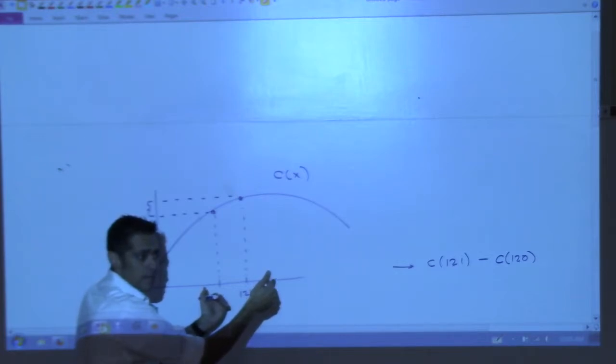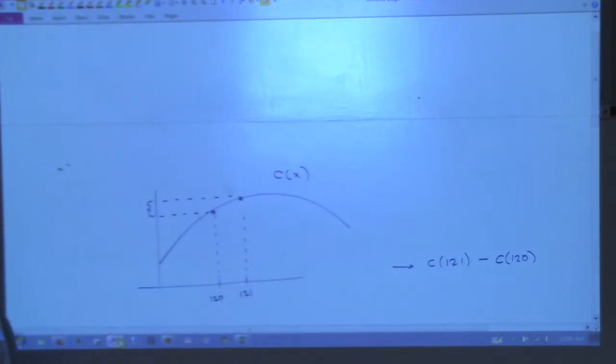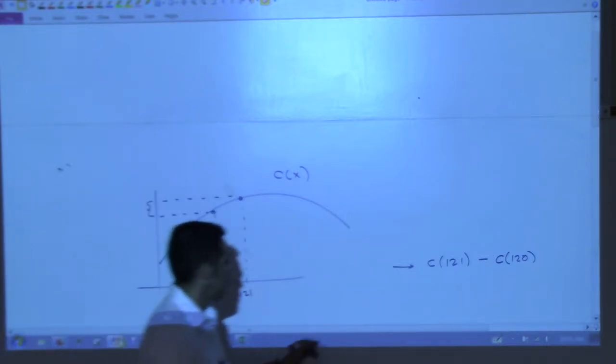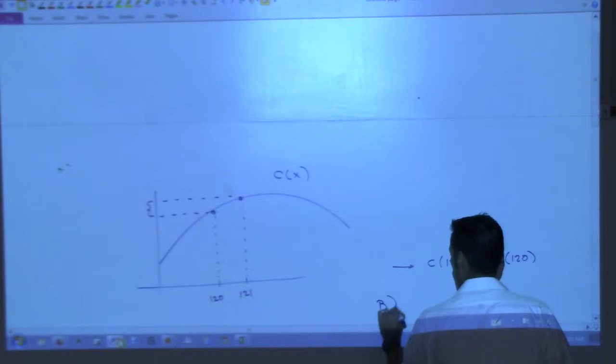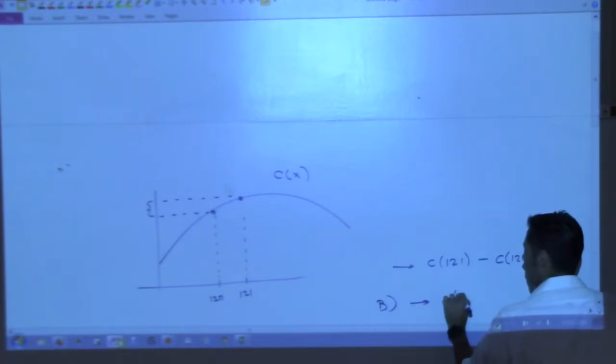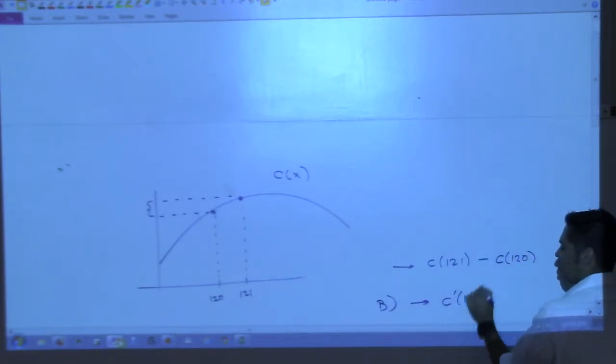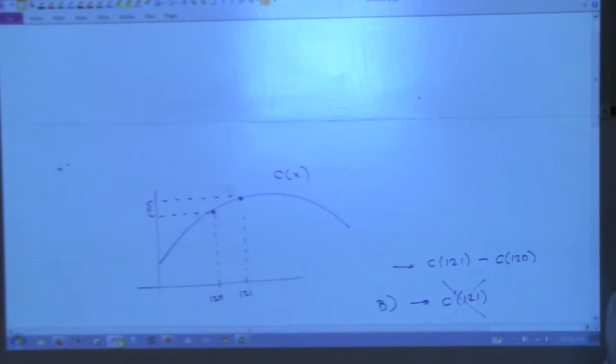Yes? Okay. In part B, it wants us to use the marginal cost function, the derivative, to do the same thing. So for part B, we do not want to be doing C prime of 121. Why?